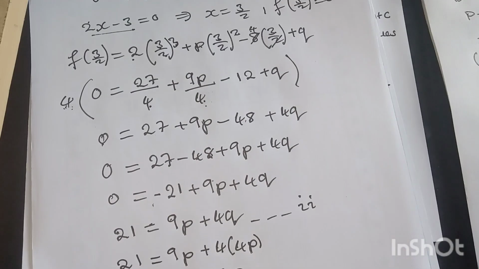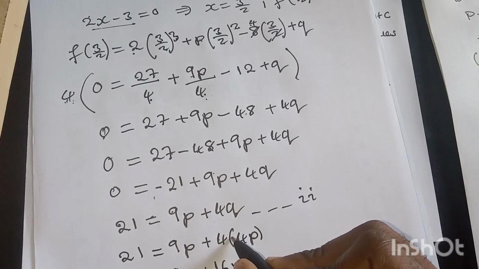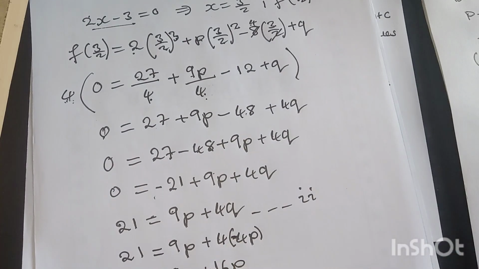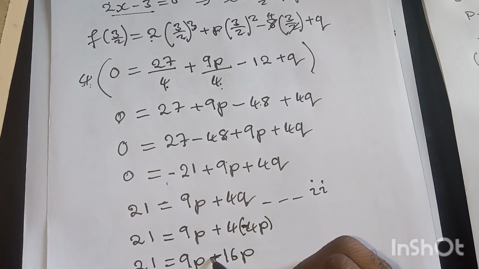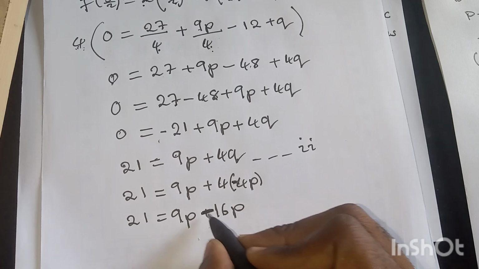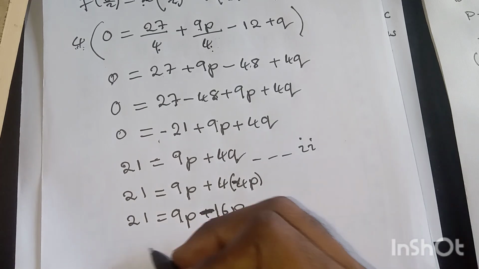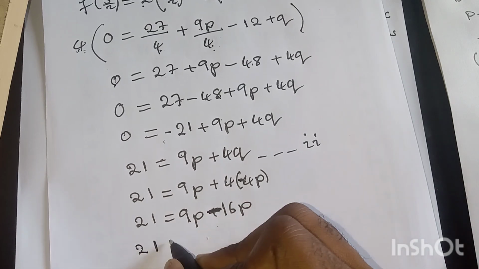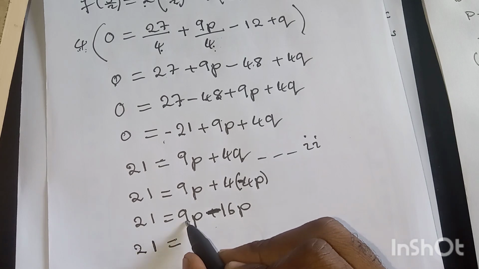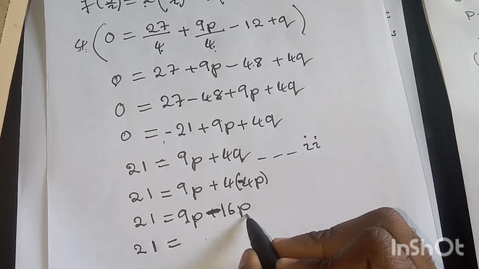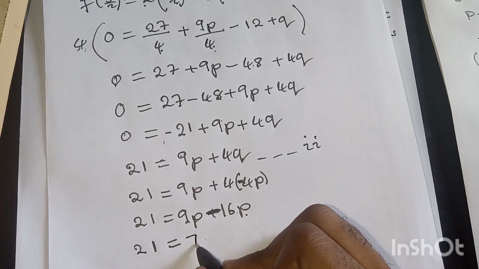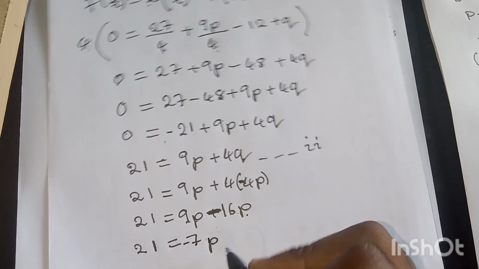So now solving the two equations simultaneously, this is negative 4, this will be negative 16p. So now let's solve for p. So we have 21 is equal to 9p minus 16p. This will be negative 7p.